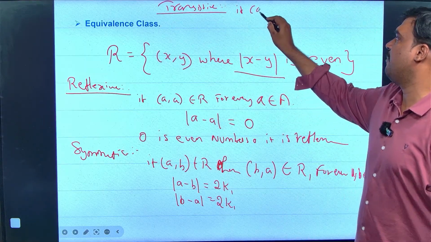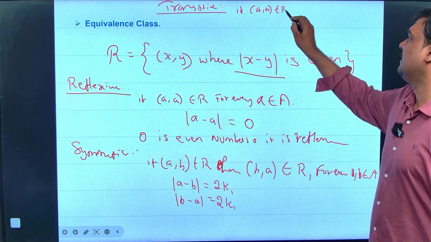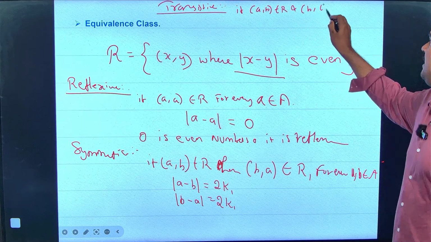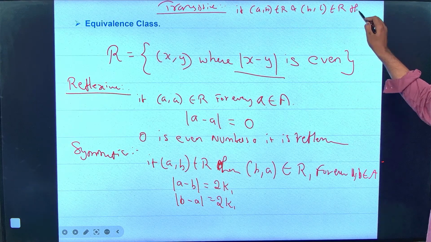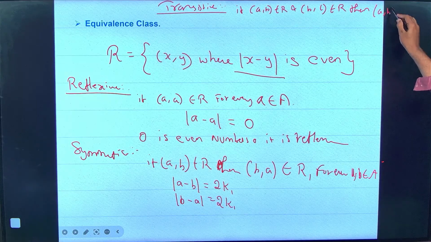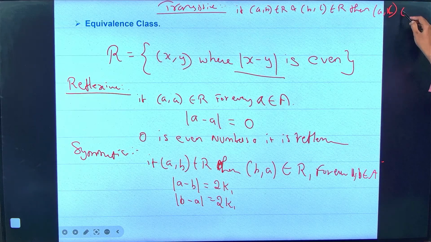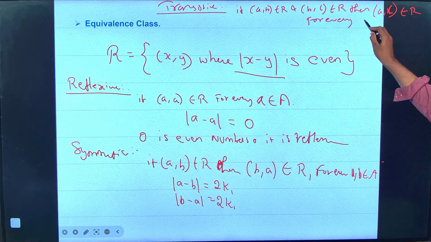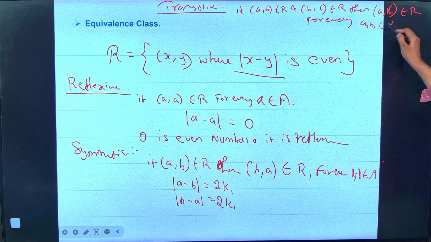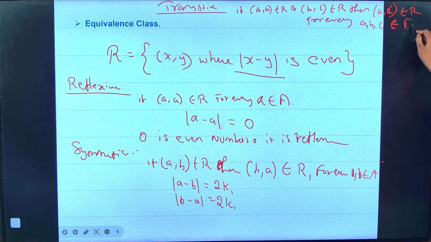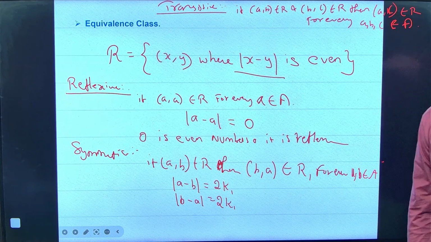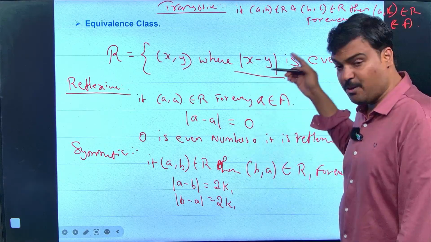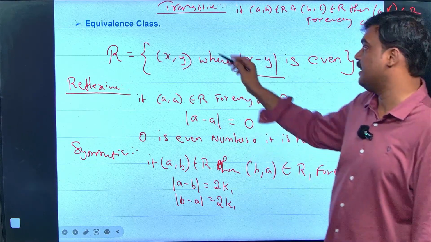If A comma B belongs to R and B comma C belongs to R, then A comma C should belong to R for every A comma B comma C belongs to capital A. That is the definition.